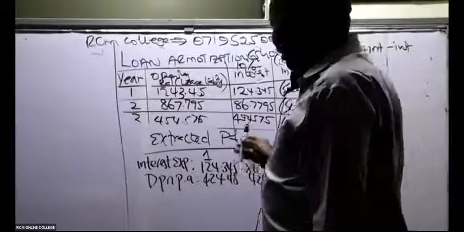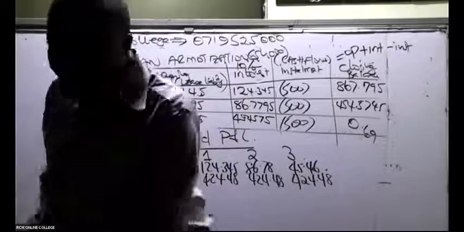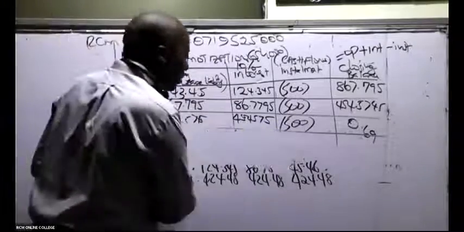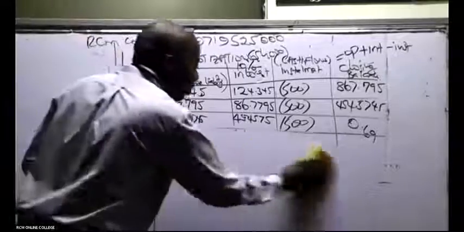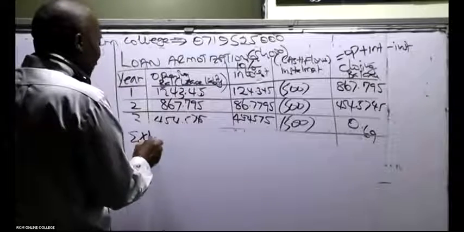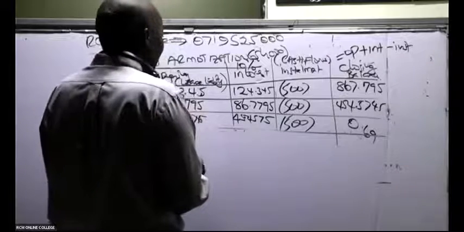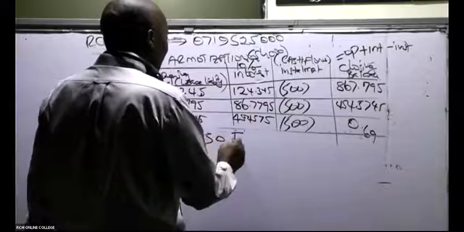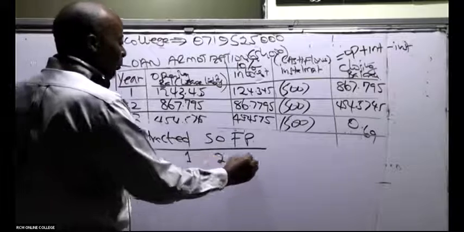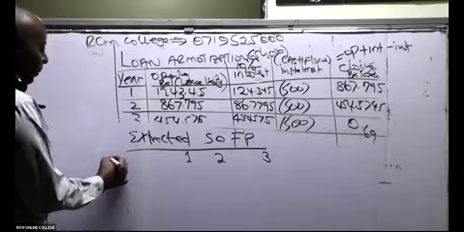Now from there, come and give me the extracted statement of financial position. This is the easiest normally. The last kick now. So we have here the extracted statement of financial position, and of course we have our lease liability.